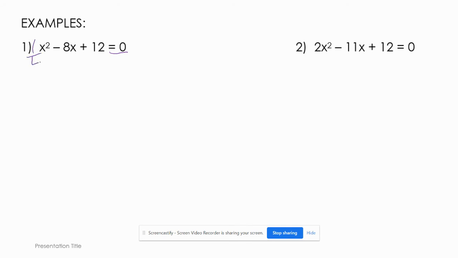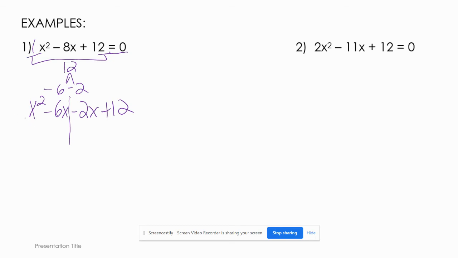No. 1 times 12 is 12. Two numbers that multiply to 12 but add to -8 are going to be -6 and -2. Keep the x squared, -6x minus 2x, and keep that plus 12. 4 terms, split in half for factor by grouping.